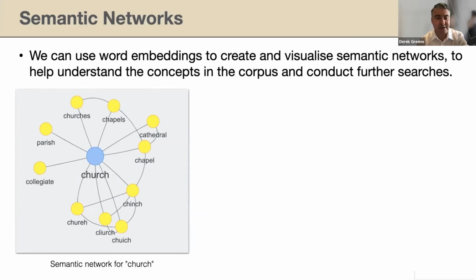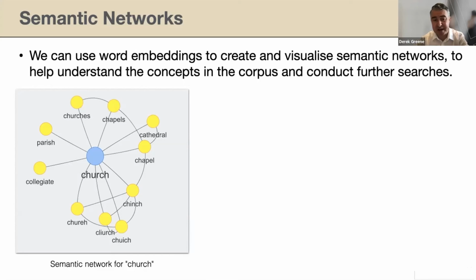In this case, we have a keyword, which is church, and that's represented by the blue circle or node. And then we have other words represented by the yellow circles or nodes, which are frequently co-located with church. And then we also see the co-locations between those words as well.